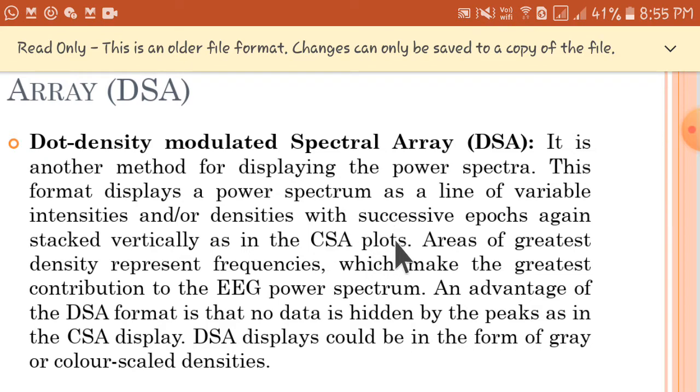Successive epochs are stacked vertically one over the other. Areas of greatest density represent frequencies which make the greatest contribution to the EEG power spectra. An advantage of the DSA format over the CSA is that no data is hidden by the peaks.